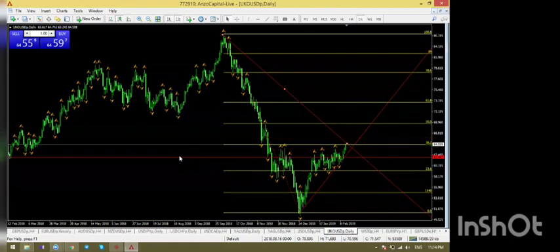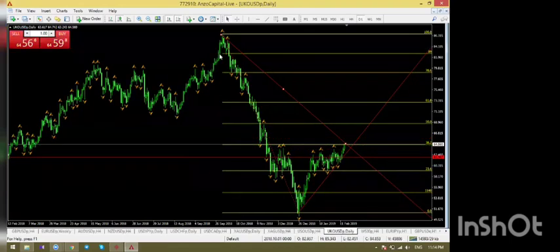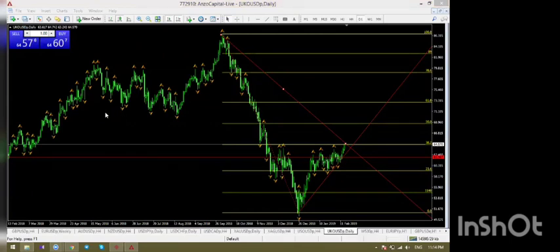Okay, so you drew a trend line from where to where? Please explain. You're muted. Let me unmute you. Okay, explain now. This is my midterm trend line.